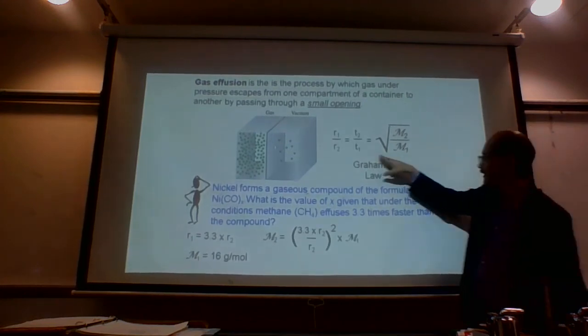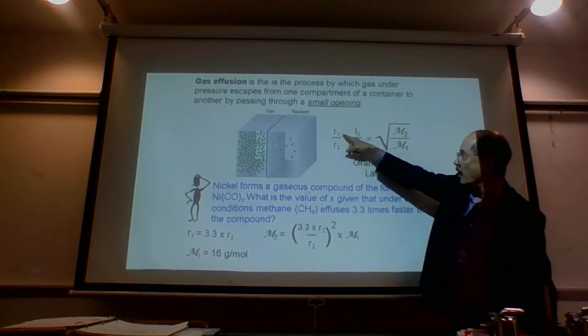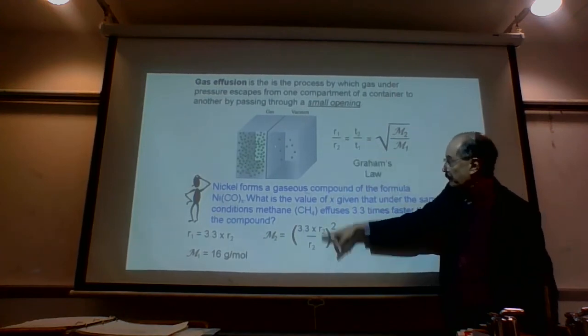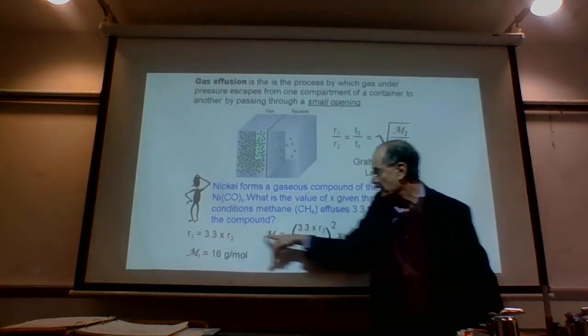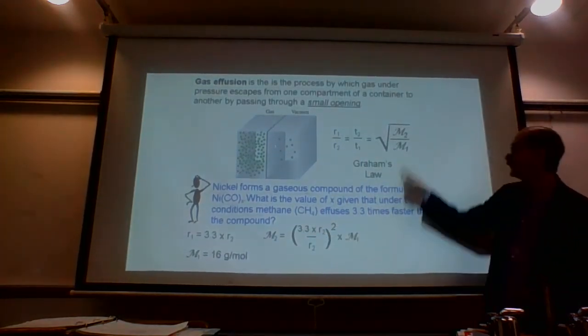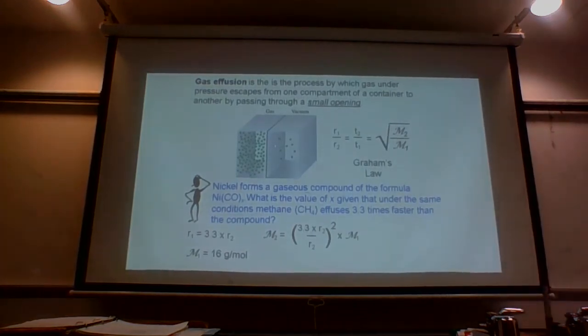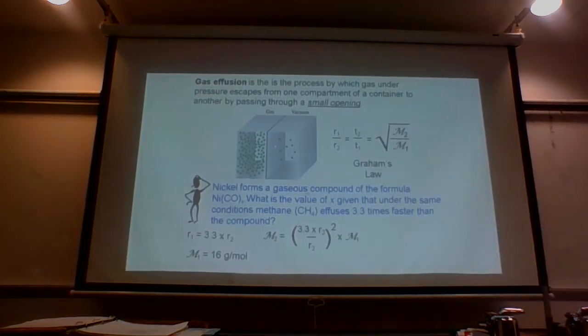Well, I'm going to move this over there, just squaring. So I have R1 squared over R2 squared. But R1, we said, is 3.3 times R2. That's going to be squared times the molar mass of my known compound, which is methane. All right?